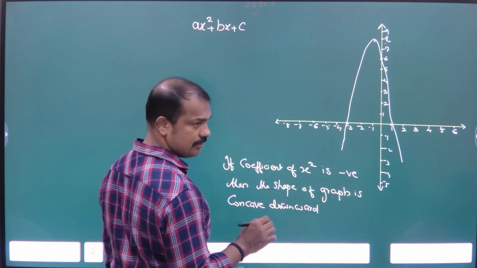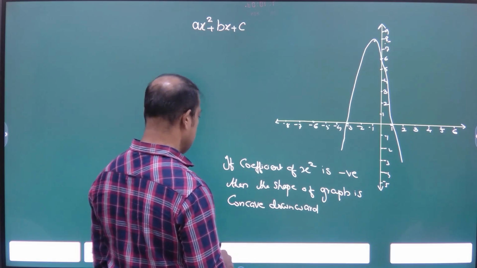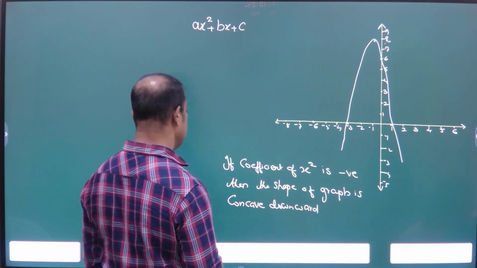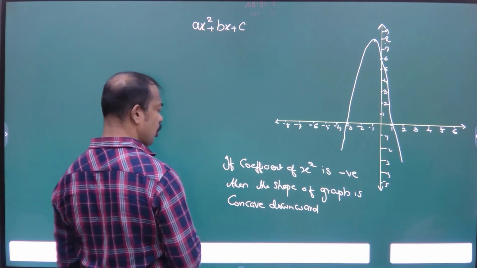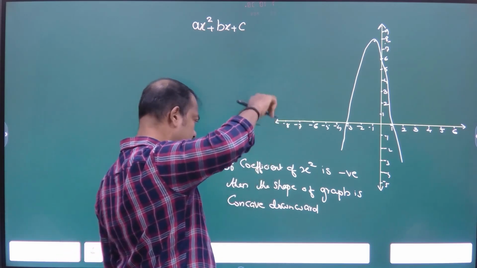Next, if the coefficient of x square is positive, then the shape of the graph is concave upward.